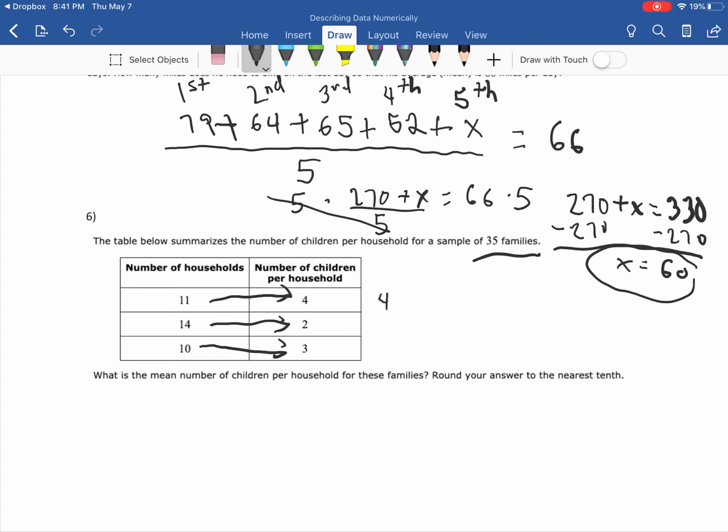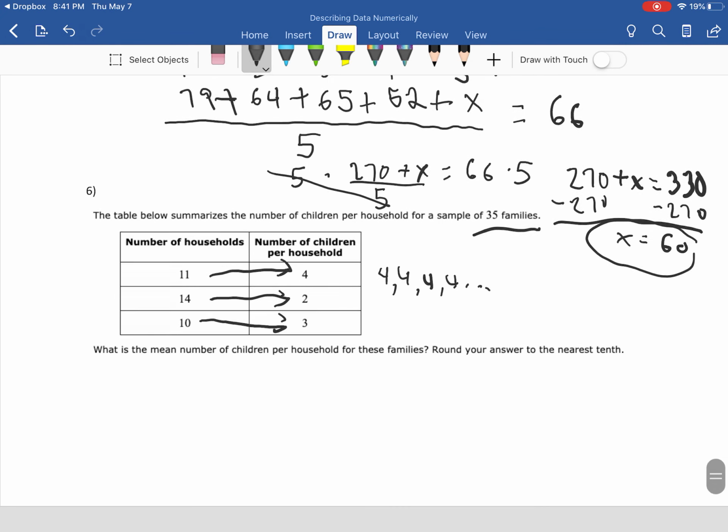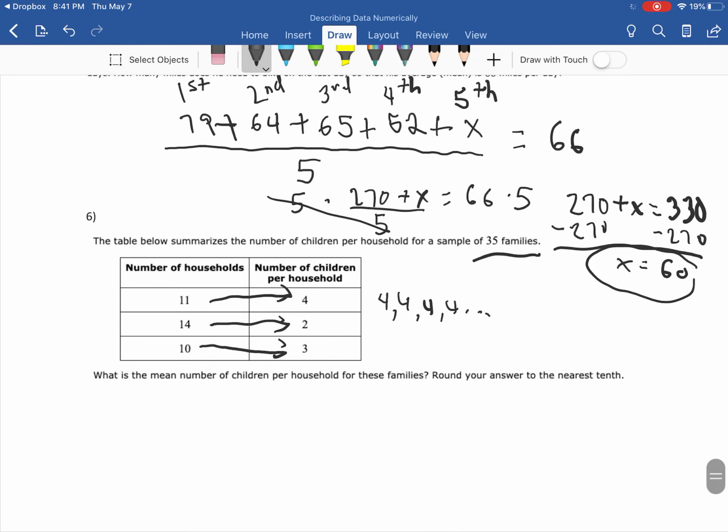Okay, so we have 11 fours. We could write out 4, 4, 4, 4, 11 times. Sorry. Same thing with the 2s. We could write out 2, 2, 2, and with the 3s, we can write out 10 of them. But we don't want to do that. All right?